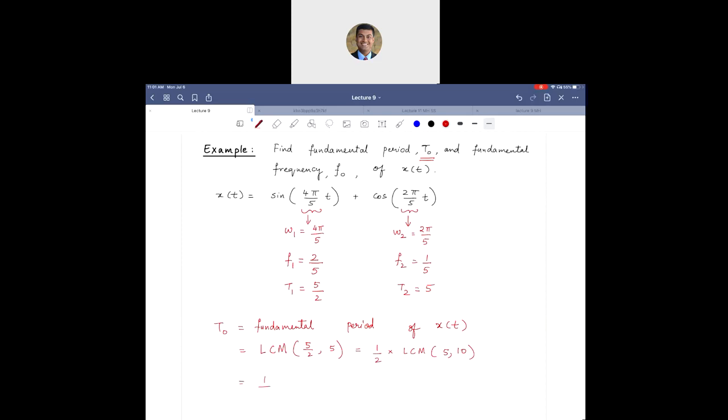The lowest common multiple of 5 and 10 is going to be 10. Half of that evaluates to 5. So that would be the answer. That's the fundamental period. And if we know that, we also know that F0, which is 1 over T0, is 1 over 5, whatever the units, seconds and hertz. All right, so that was a quick example.